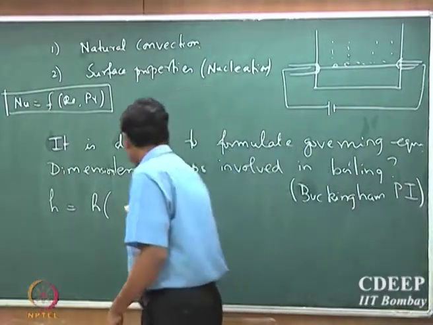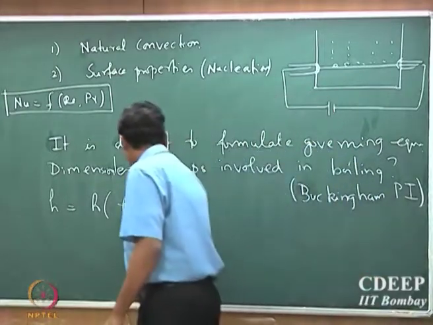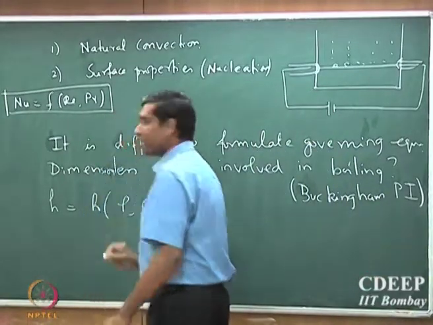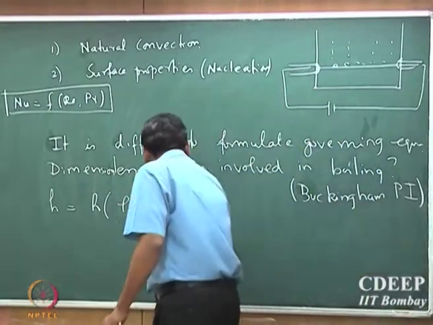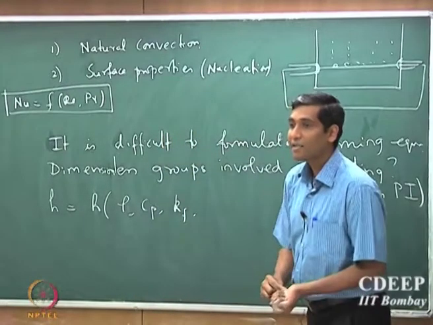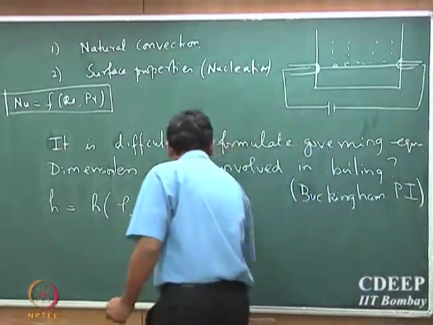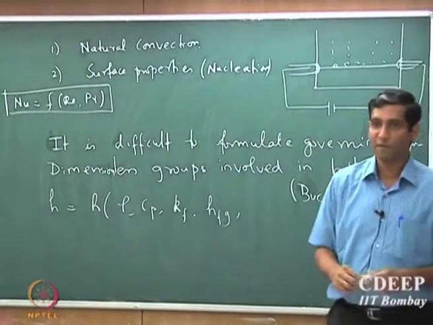Density, okay. Cp, the heat capacity, which tells you the sensible heat that the fluid is going to take. Conductivity, Kf, okay. And latent heat. So hfg is the latent heat of vaporization of the fluid, okay.